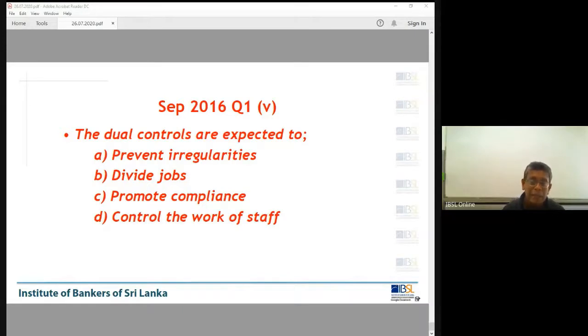What may be the correct answer? Prevent irregularities, divide jobs, promote compliance, control the work of staff. What may be the correct answer?